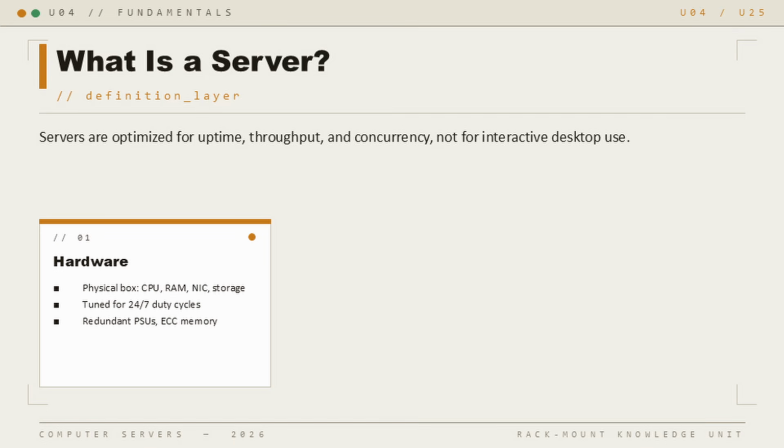Servers are expected to operate 24/7 and prioritize stability and reliability. For this reason, they often include redundant power supply units and use error-correcting code in their memory, which can detect and correct certain types of memory errors to improve system reliability.